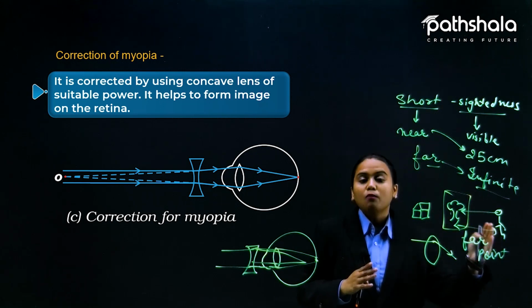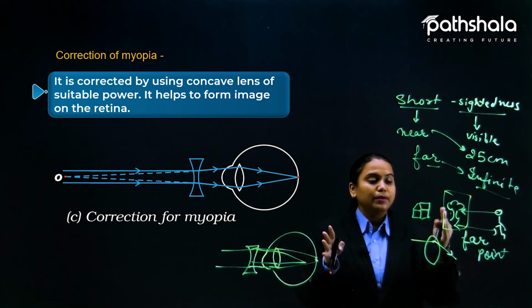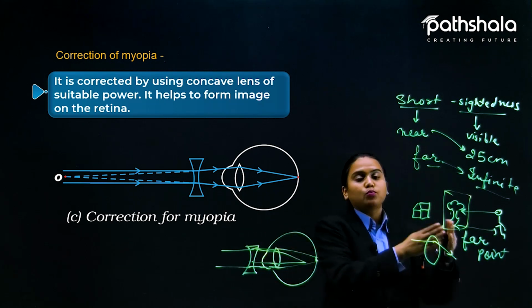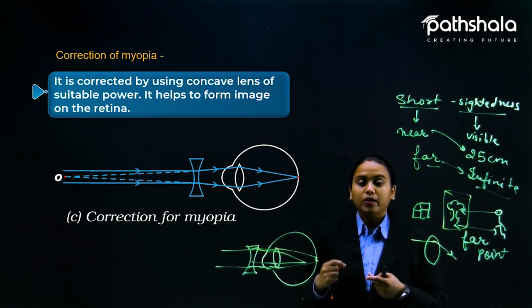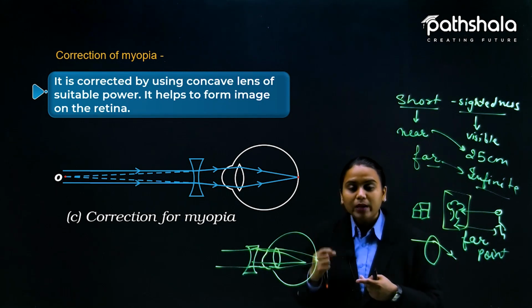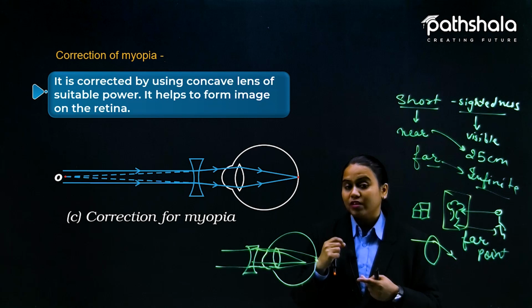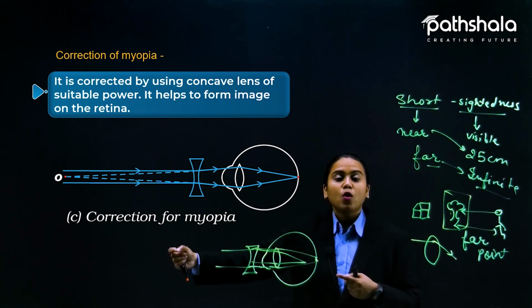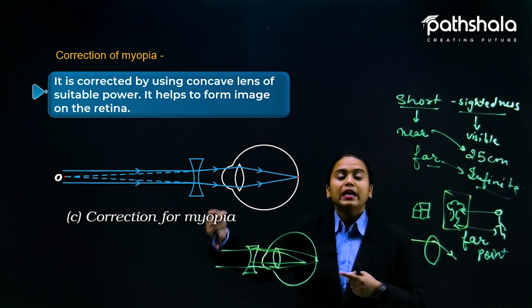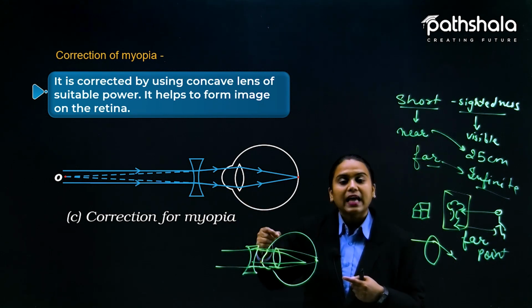This person would see all the things that are beyond this tree at this far point. So the far point is very important, because it is the only point where the person is able to see things clearly. All the things beyond that far point would make images at that far point.